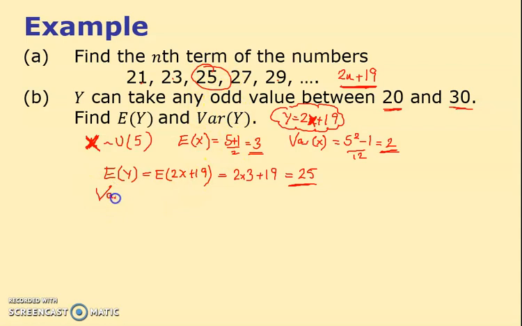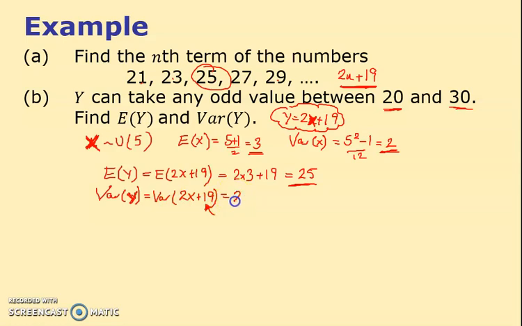Now the variance of y, we've got to be a bit more careful with, as we saw last time. So the variance of y is really the variance of 2x plus 19. And one thing we should remember, if you add 19 to a number, the variance won't change. No difference at all. But the 2x will.